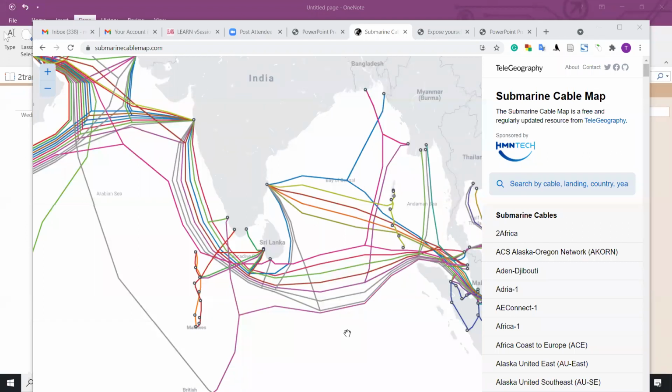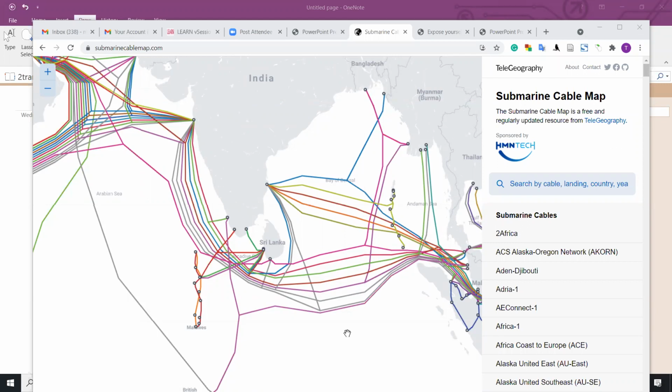Yes, we actually have Dialog, Mobitel, SLT, Airtel, Hutch. We have so many ISPs in Sri Lanka, not only one or two. Sometimes some companies use both types of connections. Sometimes they use satellite connections, sometimes they use CMEV or the undersea submarine cables, but the majority of the companies use submarine cables.